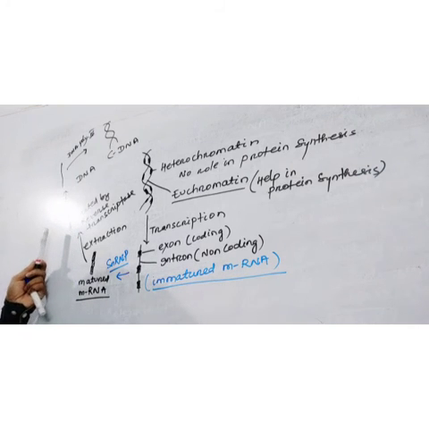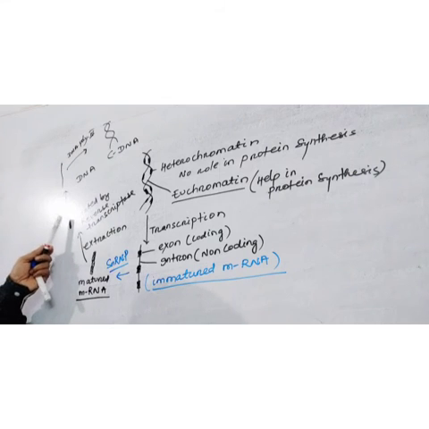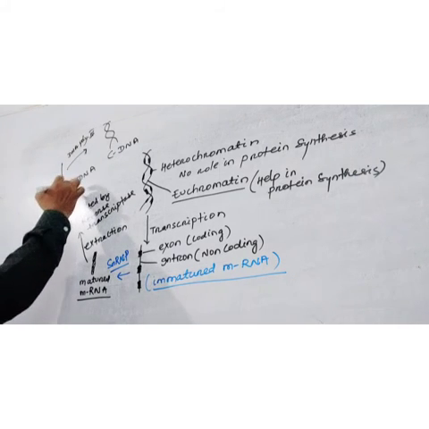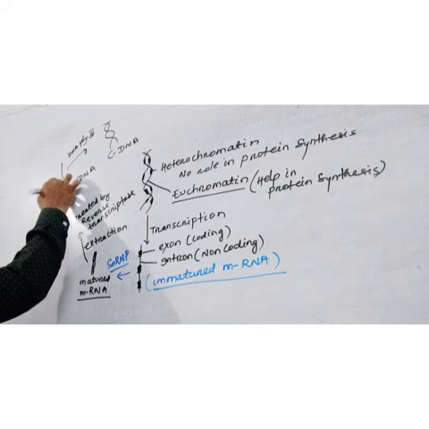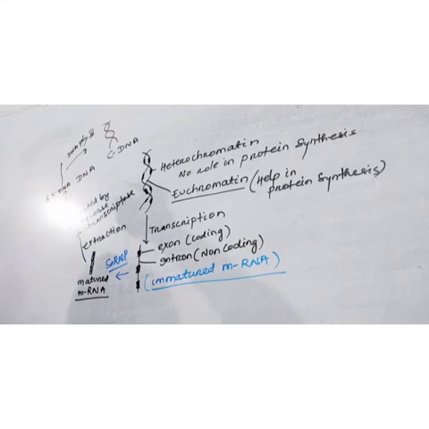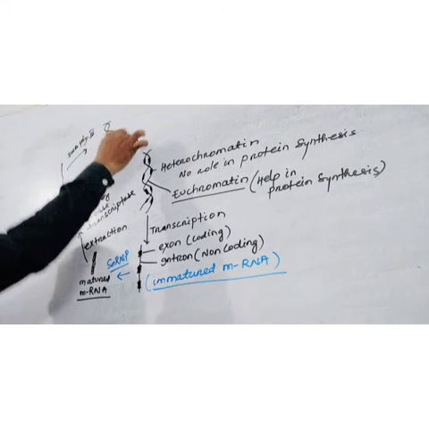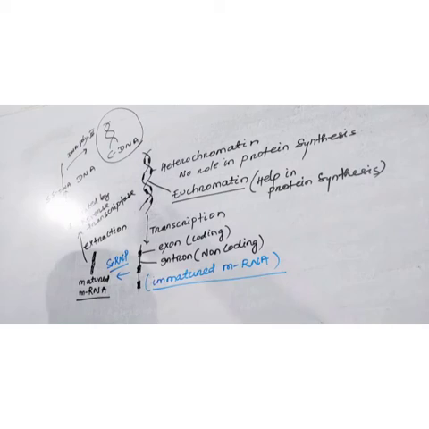Suppose this is the single stranded DNA. This single stranded DNA is treated with DNA polymerase 3 enzyme to produce complementary DNA. This complementary DNA can be obtained by treatment with the enzyme.